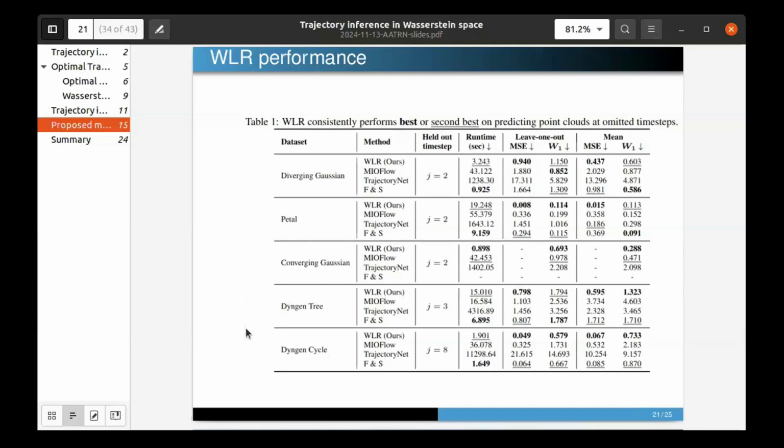We also have one extension which I think is new in the sense that usually you model cells as uniform points, right? But there's also this notion of supercells where you merge uniform cells together if they're very similar to make one big point cloud. And then the data becomes non-uniform. And we can also infer trajectories in such settings because our method does not need uniform data.